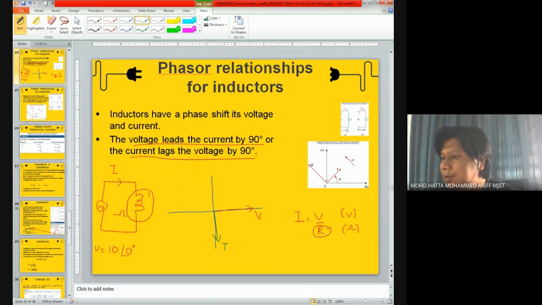Based on this graphical representation, we can say V leads I, or we can also write it as I lags V, both by 90 degrees. This only applies when you have just an inductor in your circuit.